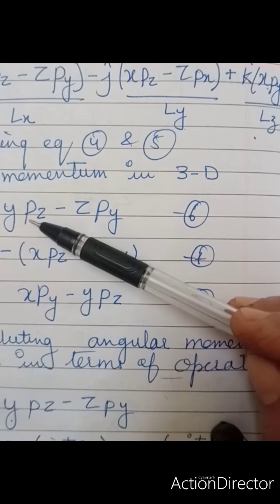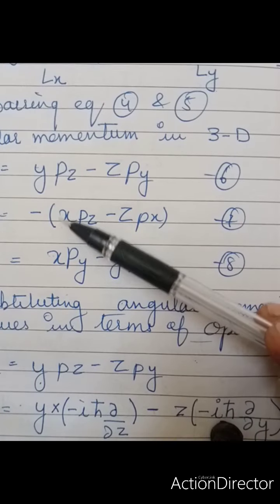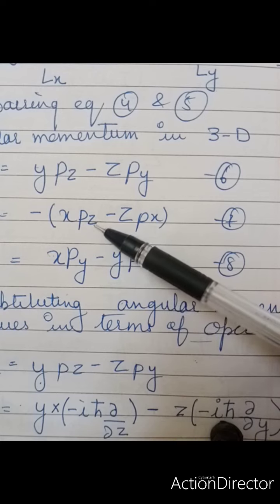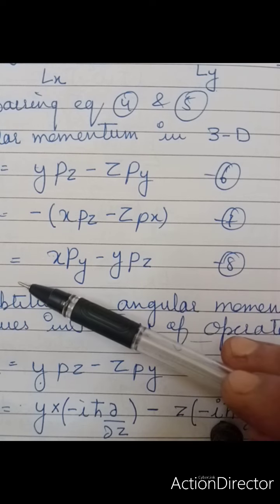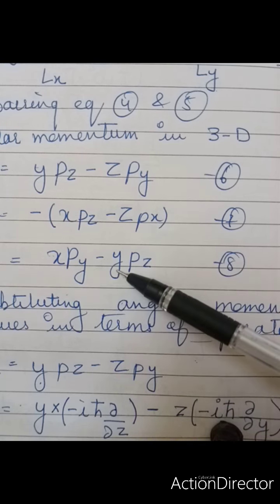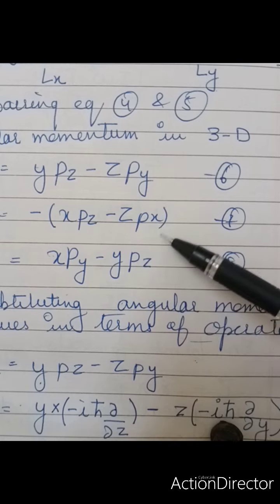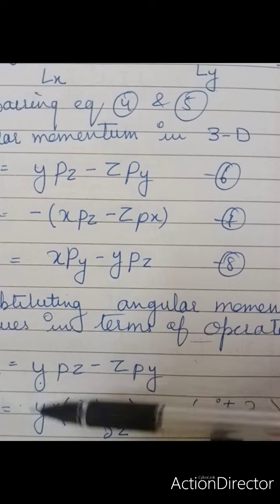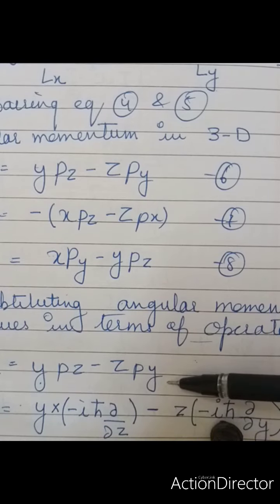So Lx will be ypz minus zpy, Ly will be, taking the minus sign in to write it, zpx minus xpz, and Lz will be xpy minus ypx. Now we will be substituting angular momentum values in terms of operators. Let us first take Lx, that is ypz minus zpy.